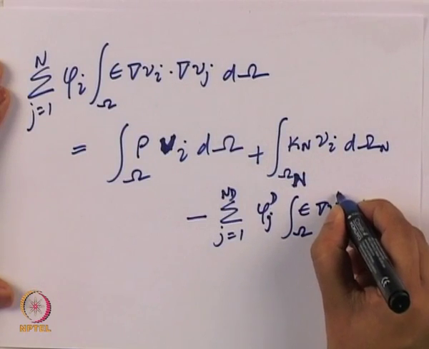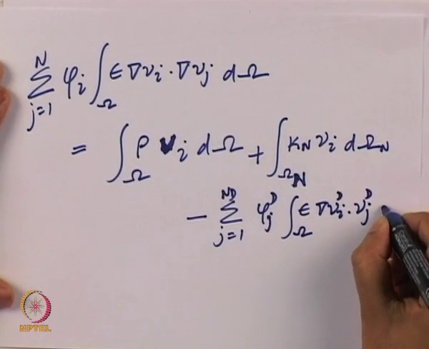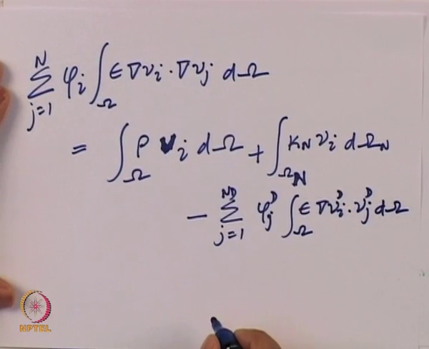These are all the Dirichlet weighting functions multiplied by the domain, which is the Dirichlet domain.